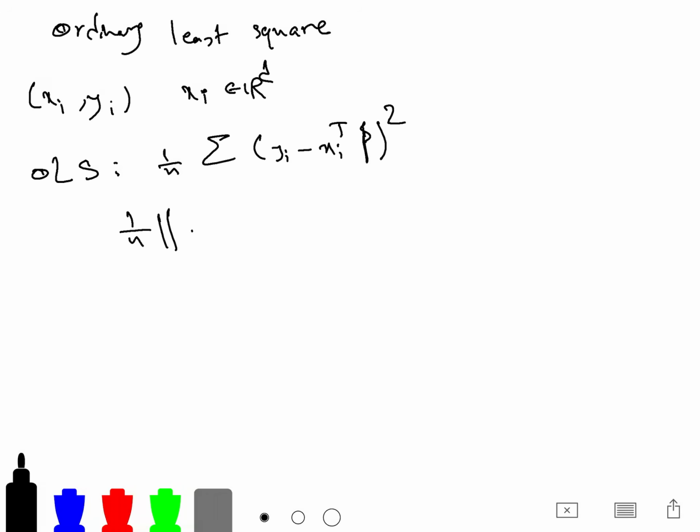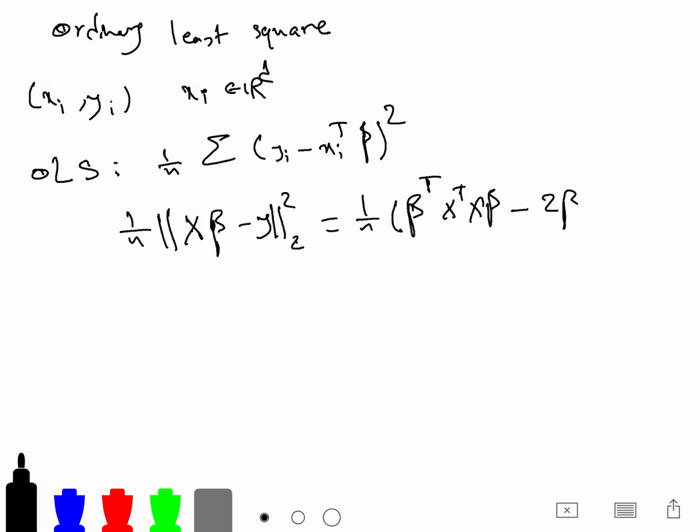If you write it in matrix notation, this is beta transpose X transpose X beta, and the cross terms are minus 2 beta transpose X transpose y, plus y transpose y.